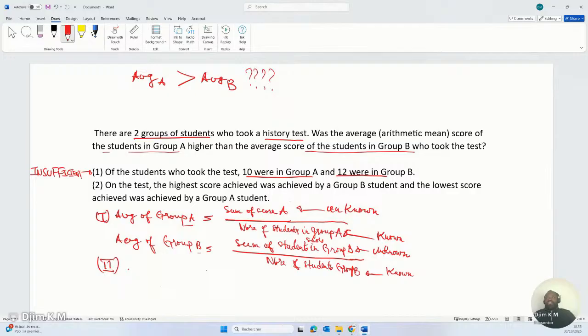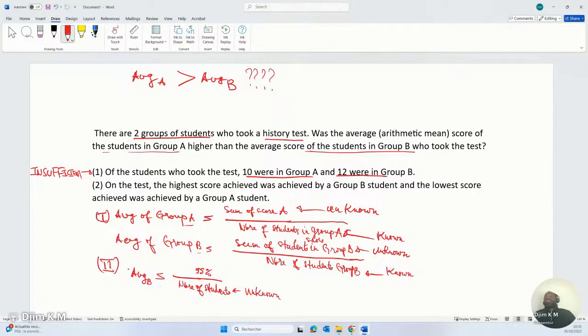If we say average of B, the highest score is 95, for example, 95%. Here we don't even know the number of students. It is unknown.